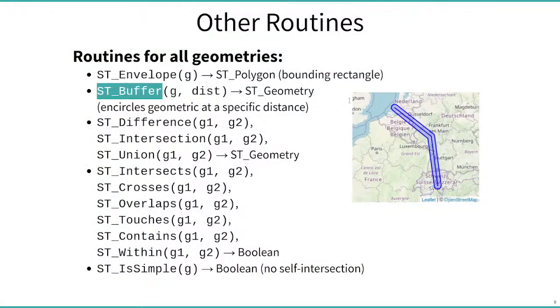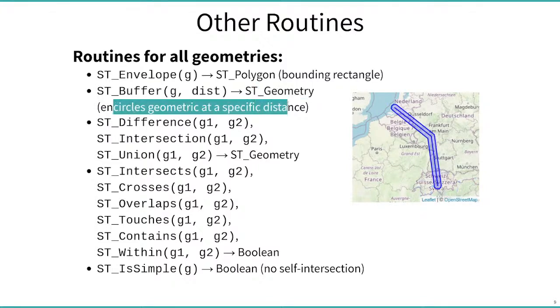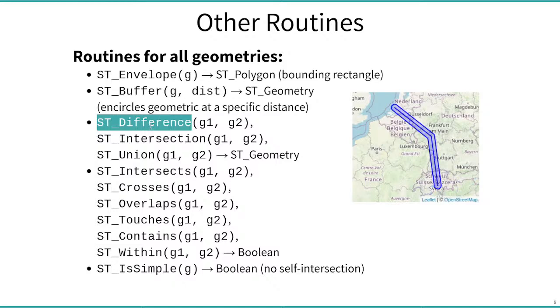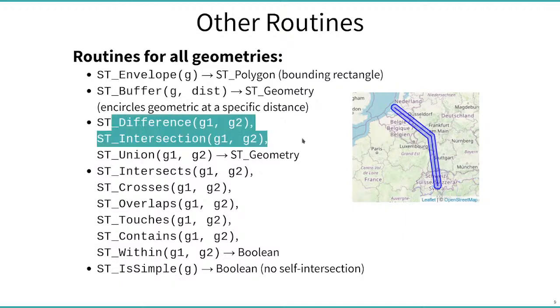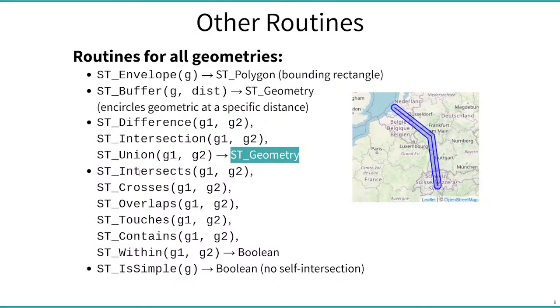Then the buffer encircles the geometry at a specific distance, as we saw here. We can compute minus, so the difference, so we can subtract one area from another, for example. We can intersect them, unify two geometric objects, so they all return geometry again.